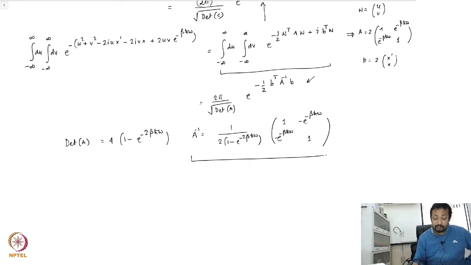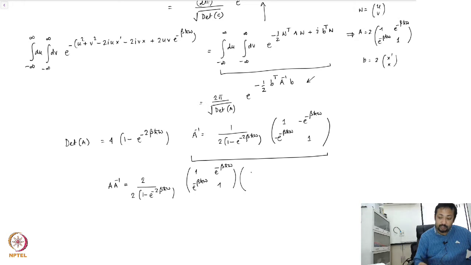If you have any doubt about this, one can easily verify that A inverse is going to be 2 times 1 over 2 (1 minus e to the power minus 2 beta h bar omega), and then I have A as 1, e to the power minus beta h bar omega, e to the power minus beta h bar omega, 1, and the inverse is 1, minus e to the power minus beta h bar omega, minus e to the power minus beta h bar omega, 1.